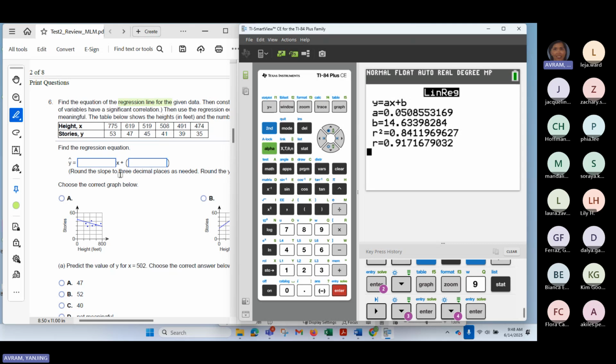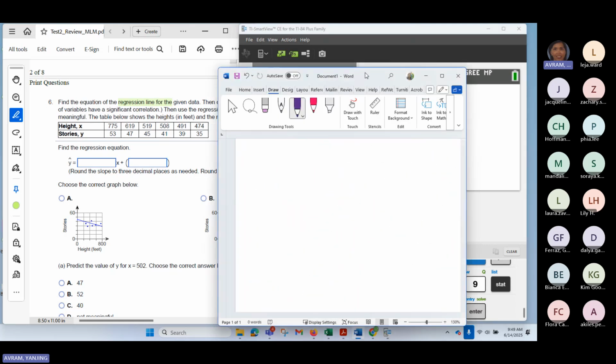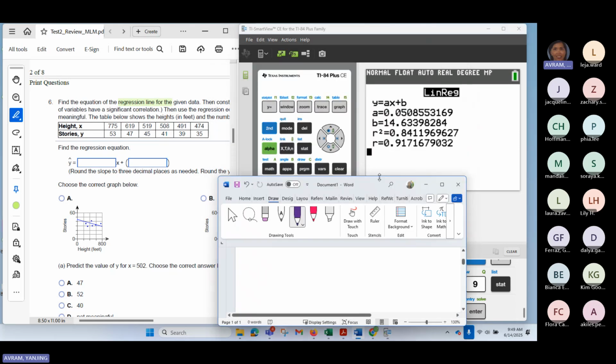We usually require you to round to 3 decimal places, right? So rounded to 3 decimal places, a will be 0.051. Then you multiply by the x, right? And then plus b will be 14.634. Okay, so let's write down my equation in here.